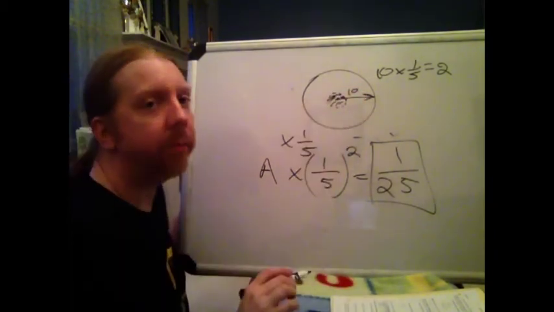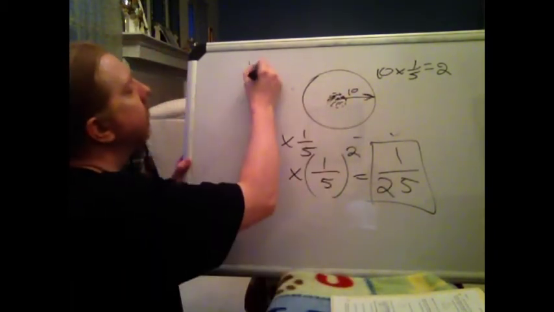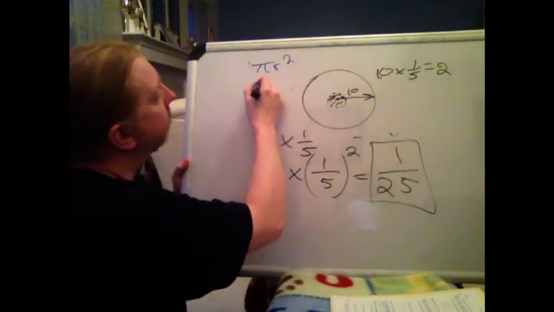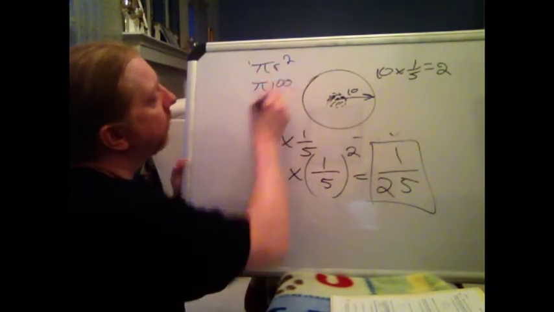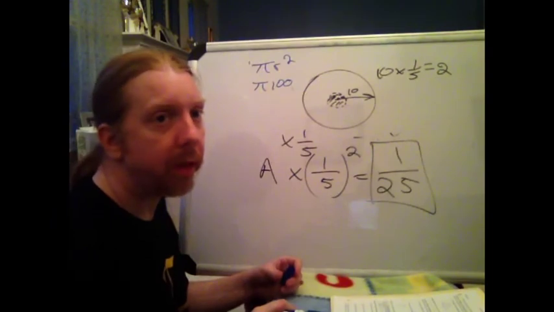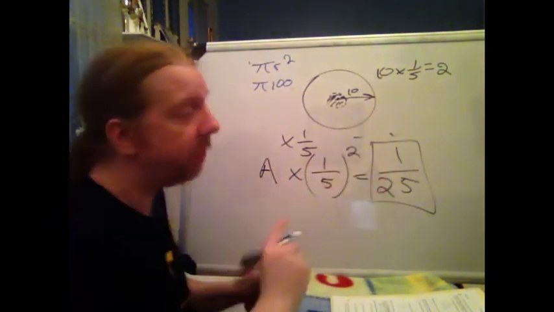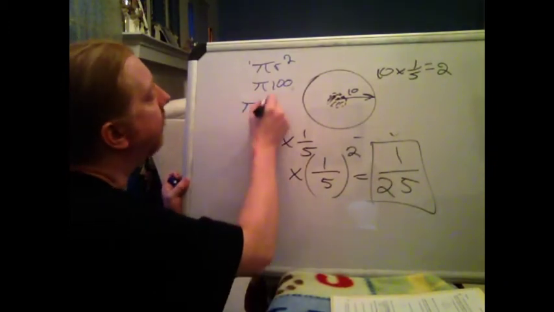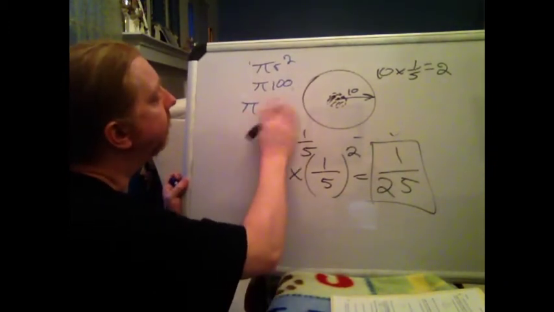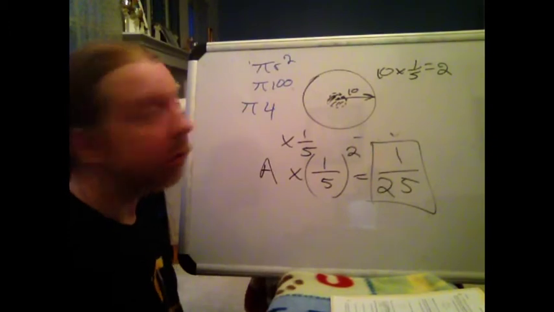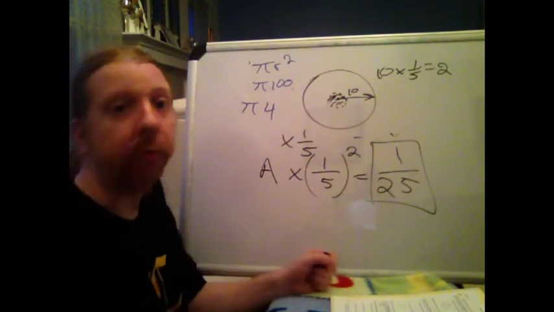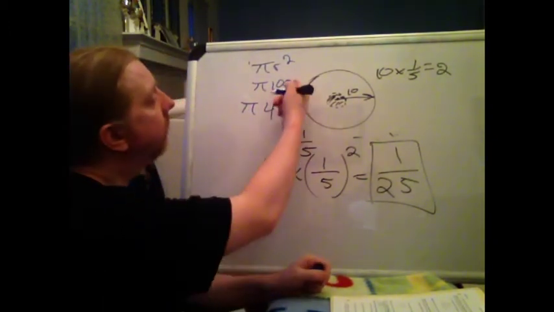My area with a radius of 10, pi r squared, is going to be pi times 100. If I do the same thing using a radius of 2, which is 1/5 of 10, I get pi times 4, using that same formula of pi r squared. The result?